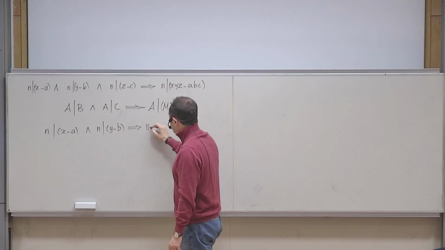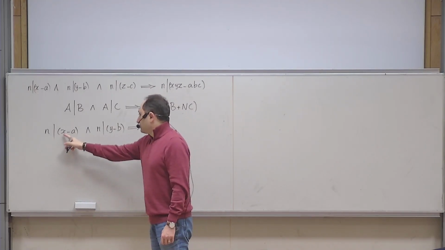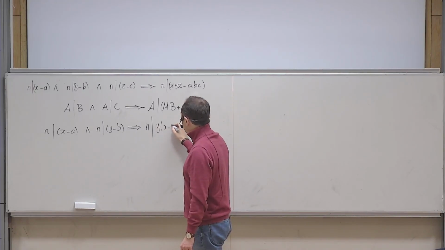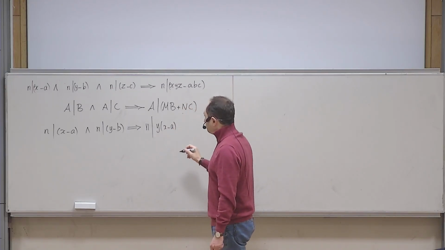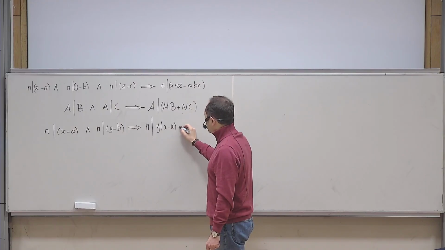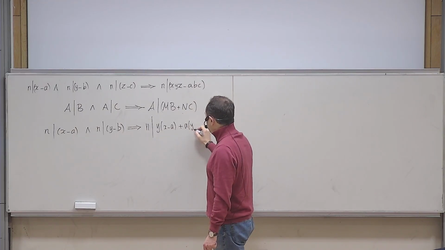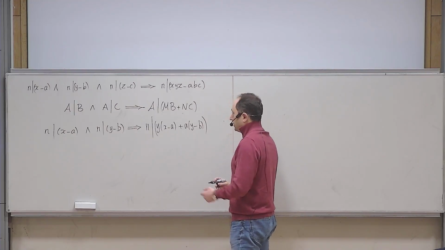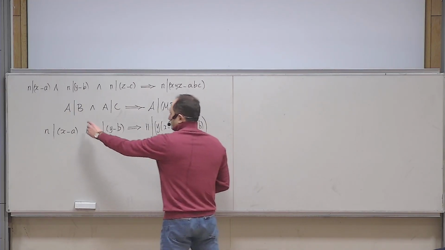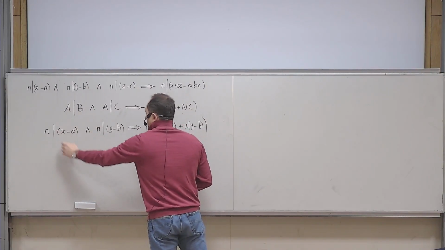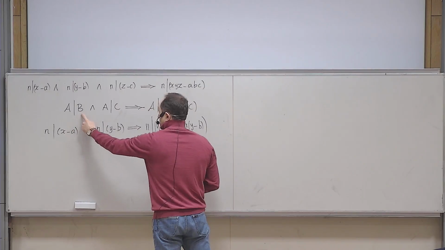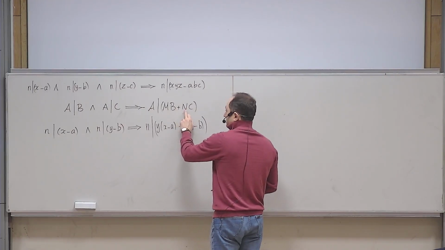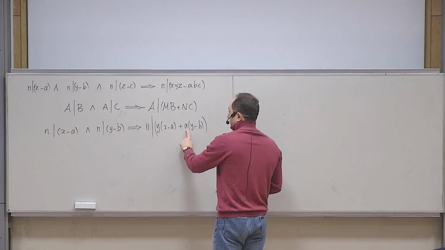So for example, I can say that n divides, I want to have xy here, so I will multiply this one by y, and then I multiply the other one by plus a. First of all, I want you to see that this is indeed possible based on this theorem. Here n is playing the role of a, x minus a is playing the role of b, and y minus b is playing the role of c. For capital M and capital N, I have chosen y and a.